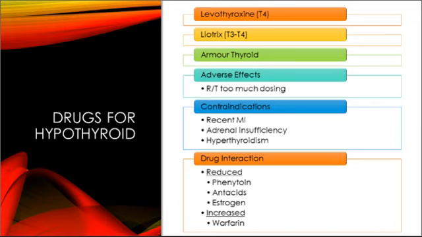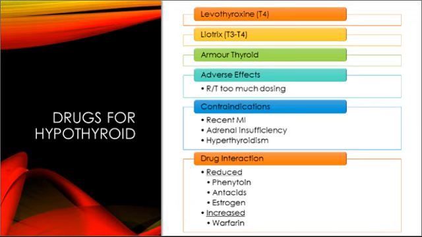It's very important to teach someone, like a hypothyroid patient that is on thyroid hormones, the symptoms of both hypo and hyperthyroid to report. Because even though they're hypothyroid, they're going on replacement.